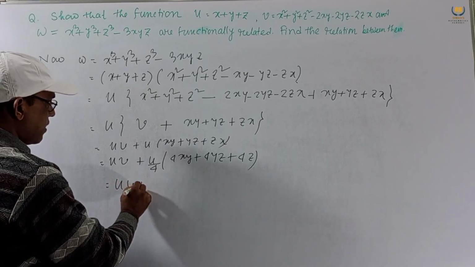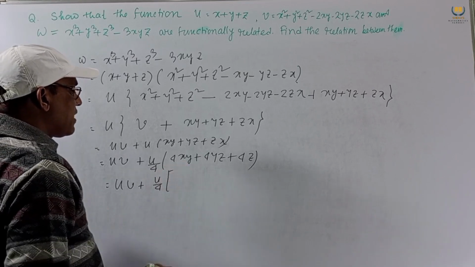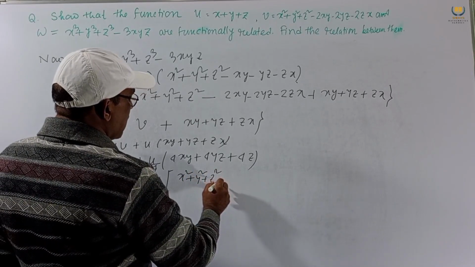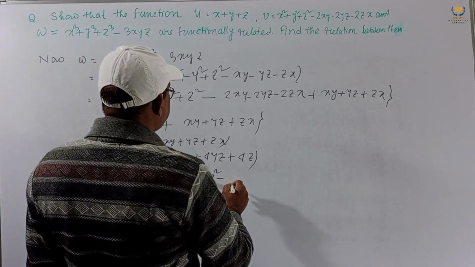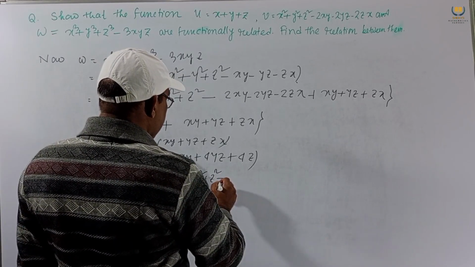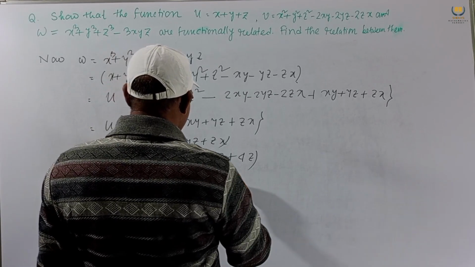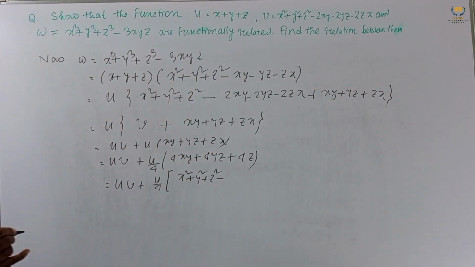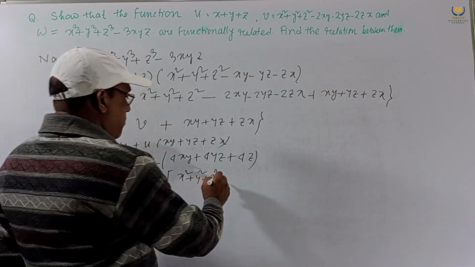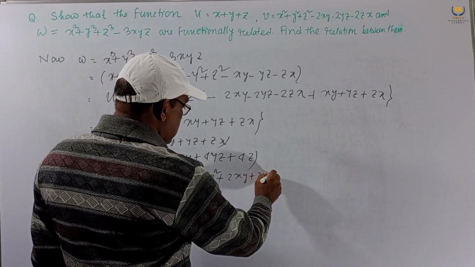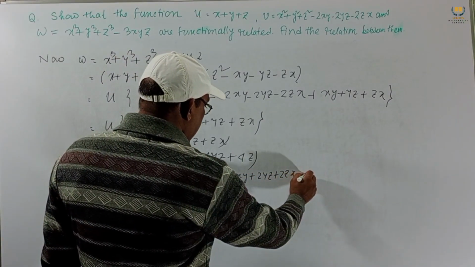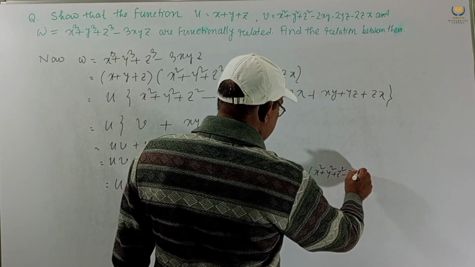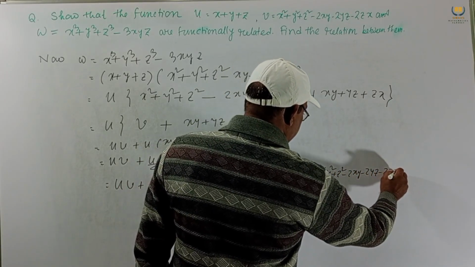Now uv, u by 4, and this can be written as x square plus y square plus z square minus x square plus y square plus z square plus 2xy plus 2yz plus 2zx minus x square plus y square plus z square minus 2xy minus 2yz minus 2zx.